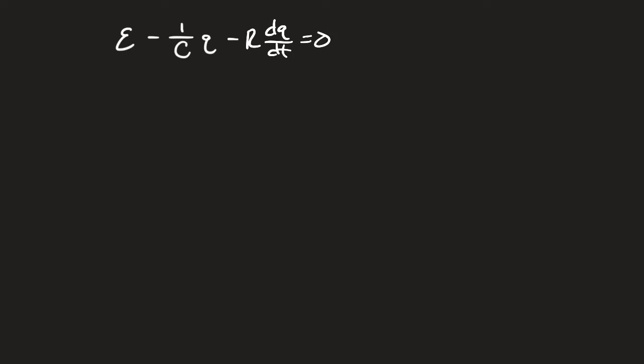Here we're going to just do simple, straightforward separation of the derivative. So we need to get the dq dt by itself. There's a whole lot of stuff here in the way, but none of that really matters. We still have to get it by itself, so we're just going to move this whole term to the other side of the equation so that we get E minus 1 over CQ equals R times dq dt.